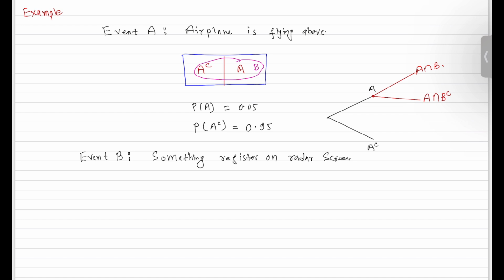Now we can have other possibilities: that there is nothing flying in the sky but the radar system has detected that there is something flying in the sky. Maybe there is some other object flying in the sky, but the radar has detected it as something flying.